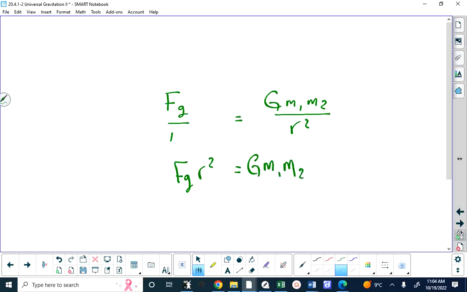You okay with that? Then to get M2 by itself, I have to divide by G and by M1. So I end up with M2 equals F, the force of gravity, times the distance squared, over the universal constant G and also over M1. So that's the setup.